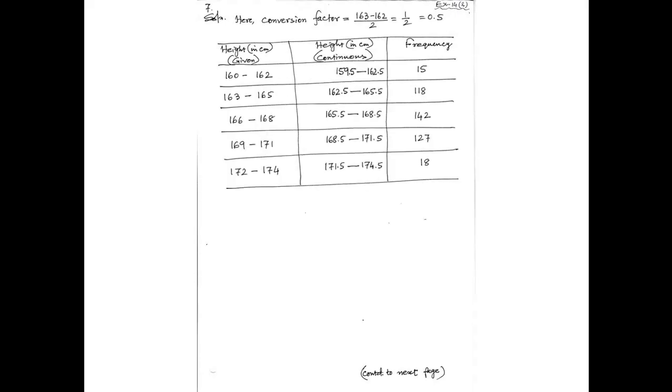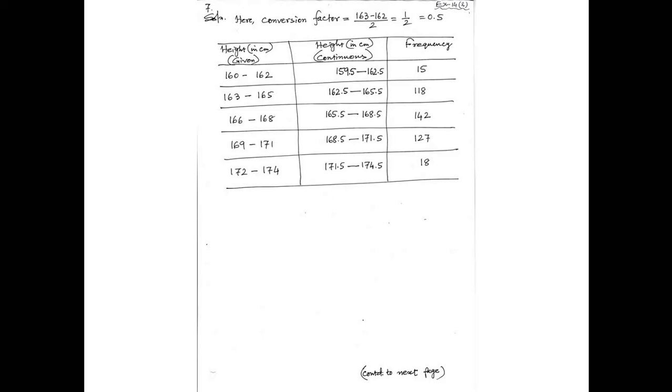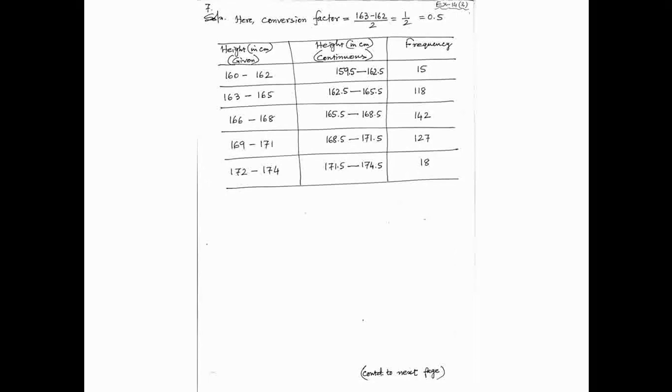In this sum, question number 7 in your book, the class intervals are given as 160 to 162 and then 163 to 165. Do you understand? So for this type of class interval, you need a conversion factor.